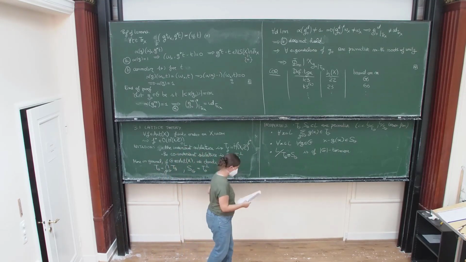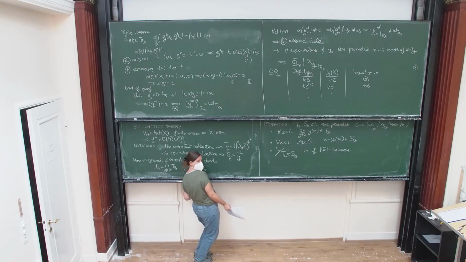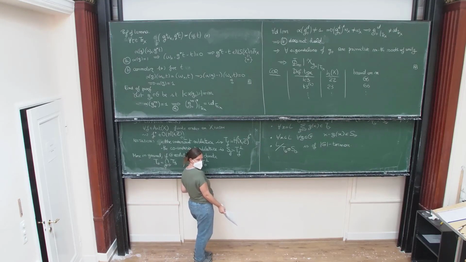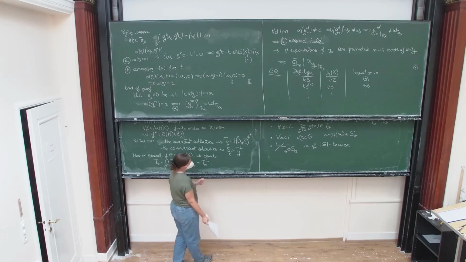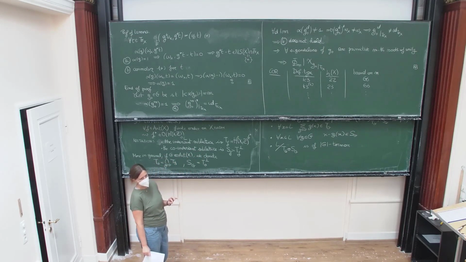I think it's an exercise, really. In particular, T_G is non-degenerate. Why is T_G non-degenerate? Why couldn't it be degenerate? By definition, you see that the form cannot be degenerate, otherwise it would contradict the non-degeneracy of the form on L.